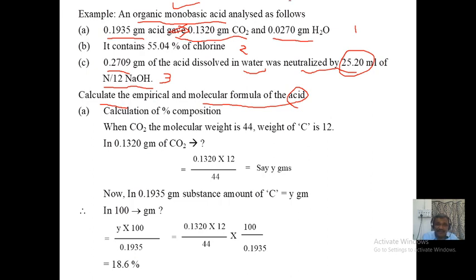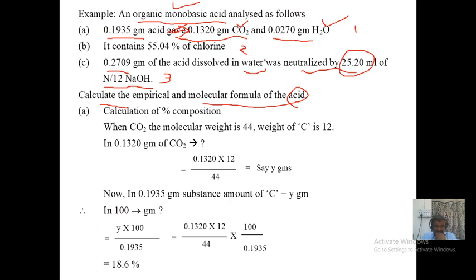So how to find? Because lab 1 gave some indication in the form of carbon dioxide, I will be able to use this report for percentage of carbon. Some indication is also given by the production of water in the experiment done by lab 1, and I will use it and convert it into percentage of hydrogen. Okay, fine.